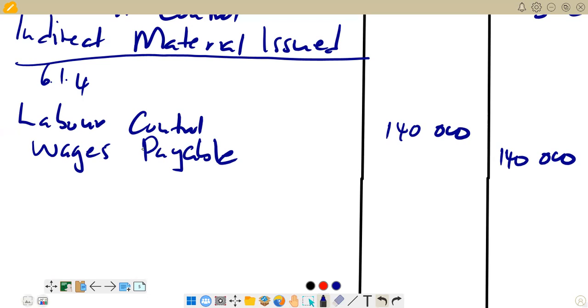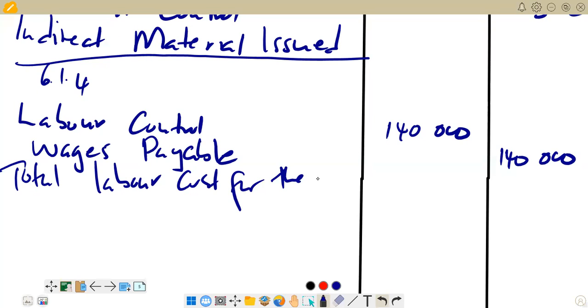So on the narration now, we are saying total labor costs for the period. So this is the journal that we have. Obviously, we close it. Then we go to the next one.